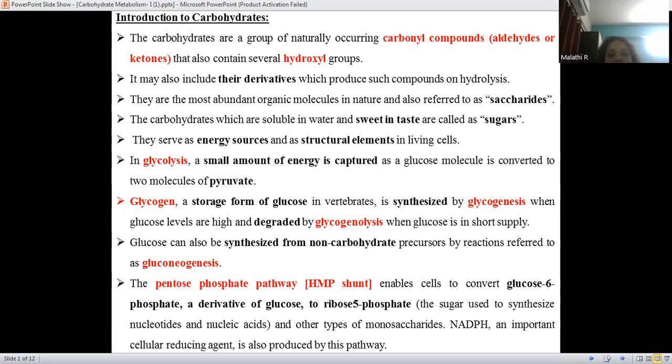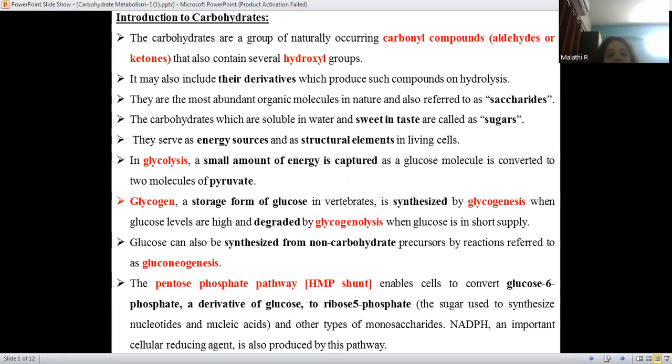In the major glycolysis pathway, glucose will be converted into pyruvate. So one glucose molecule will be converted to pyruvate. And in case excess carbohydrate or excess glucose is taken in the diet, that will be converted into glycogen by the process of glycogenesis. And also the glycogen can be degraded and converted to glucose with the help of glycogenolysis.